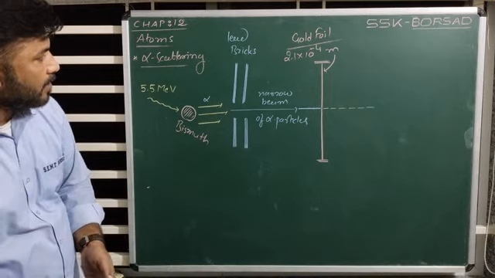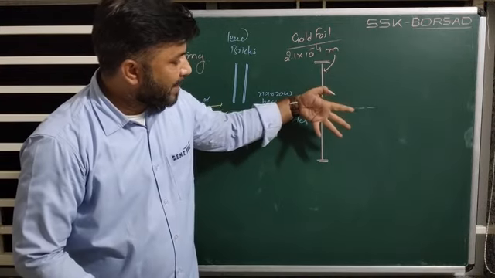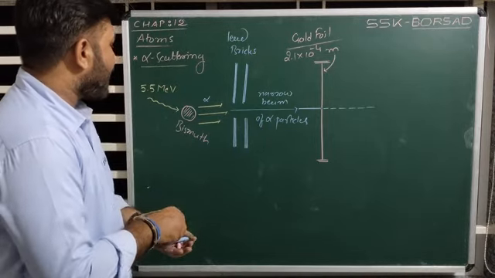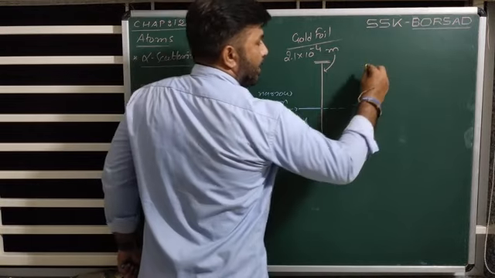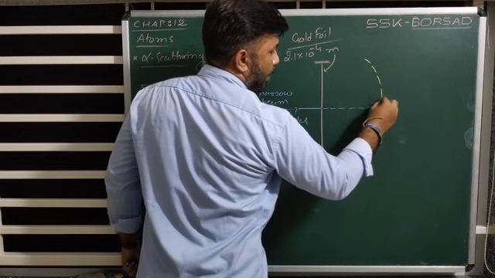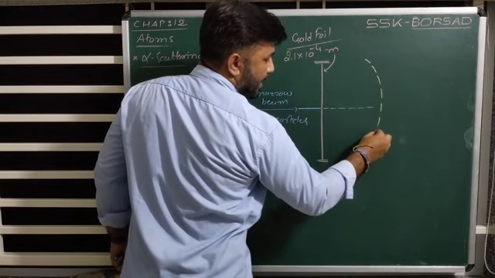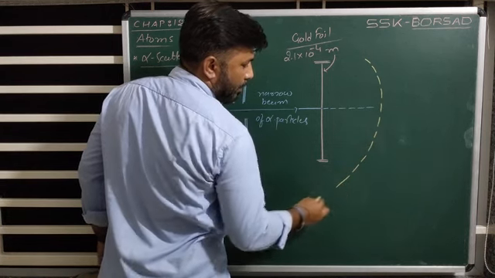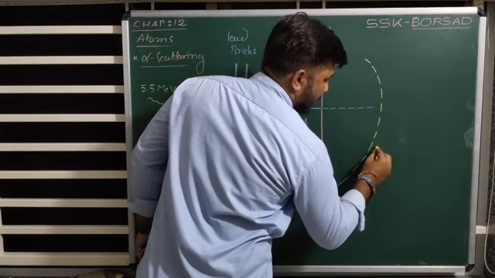After incident on that gold foil, they scatter in all the directions, and that scattering of alpha particles is observed by the rotating screen. So this is a rotating screen.